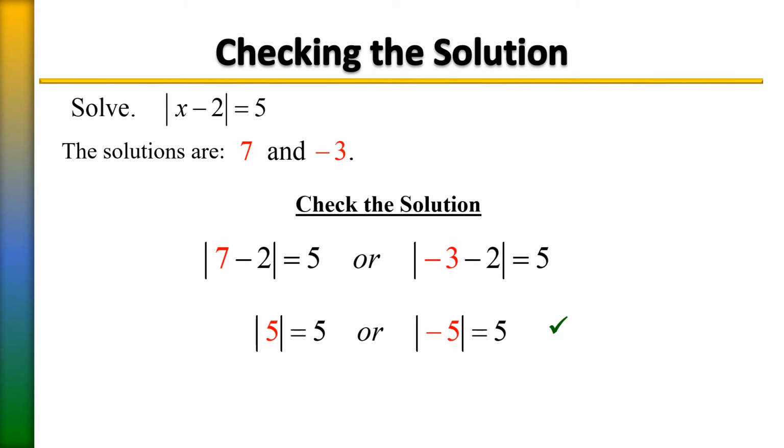In the first example, 7 take away 2 is going to leave me with 5, and yes, the absolute value of 5 is 5. For the other one, combining a -3 and a -2 is going to give me a -5, and yes, the absolute value of -5 is 5. So our solutions do check out. They are 7 and -3.